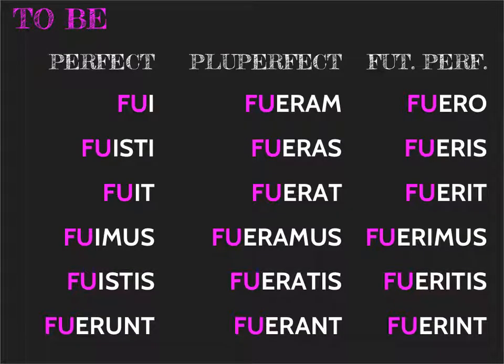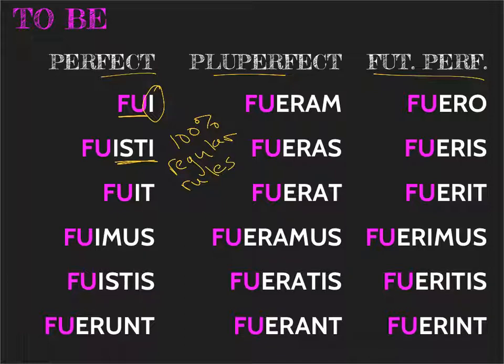As you can see here, for the perfect, pluperfect, and future perfect, all you have to do is write the stem, the perfect stem, and then the endings follow the 100% regular rules of any verb in the Latin language.